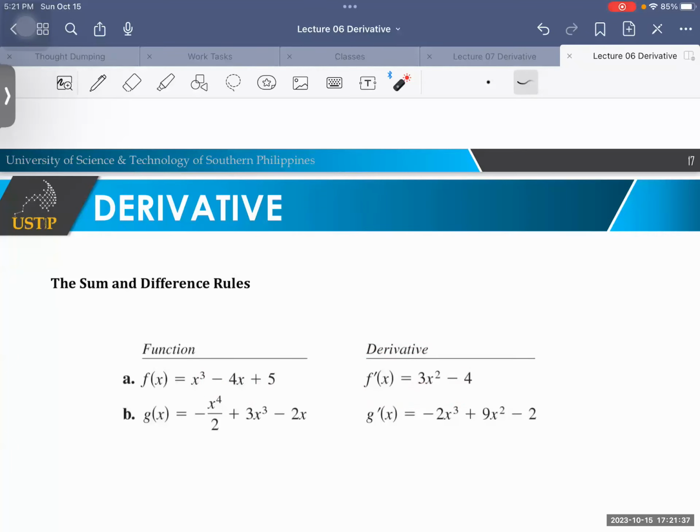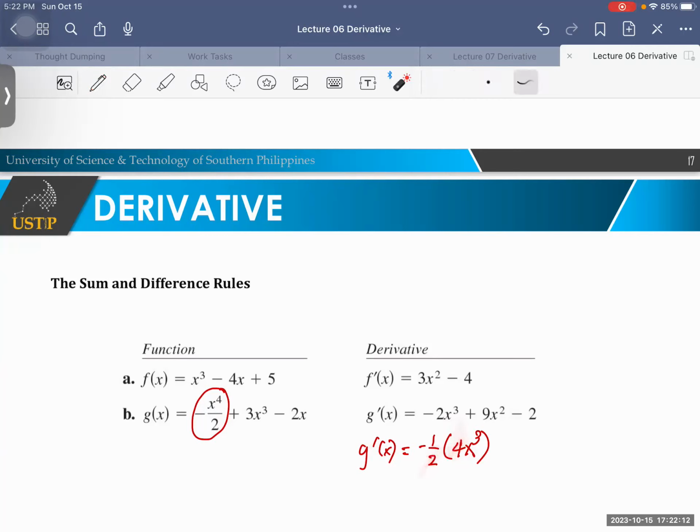G prime of x, g of x, kani given by this. So mahimo ning shortcut na po niya. Ang mahitabo class, ato yung ipakilid ang 1/2. Ang x to the 4th, mahimo siyang 4x to the 3rd power, kay 4 minus 1. Again, ang x to the 4th, yung derivative is 4x cubed. That is why, makacancel ang 2 dira.